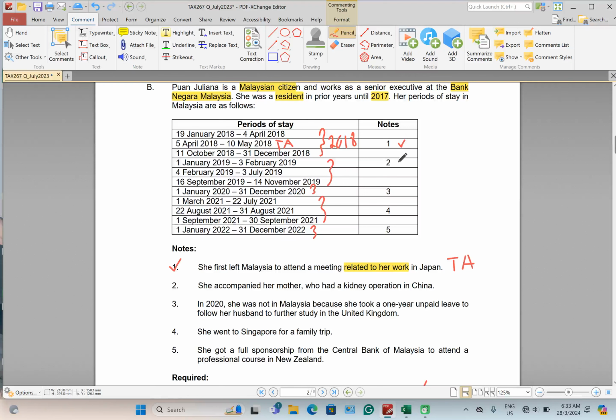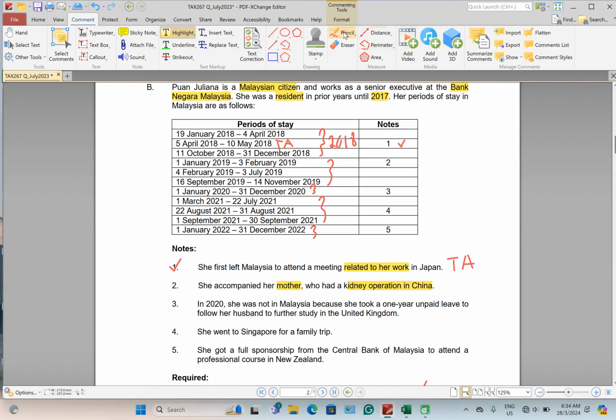How about note number 2? Okay, she accompanied her mother. So the keyword here is mother. What happened to her mother? Her mother had a kidney operation in China. So meaning to say, she left Malaysia for China to accompany her mother because her mother was sick. So she got medical treatment in China.